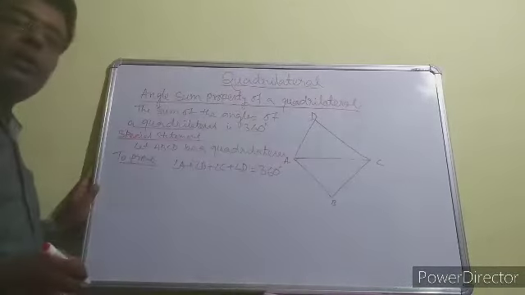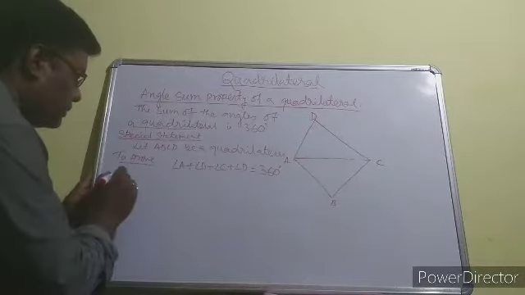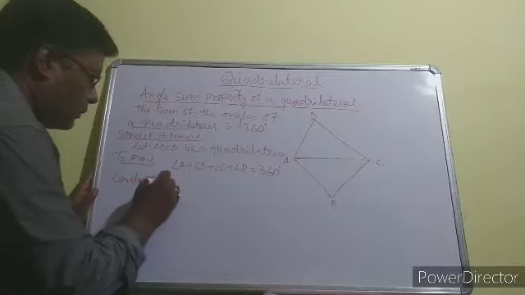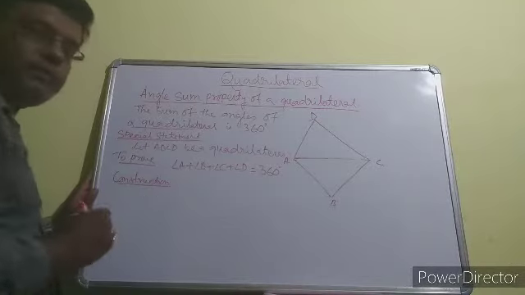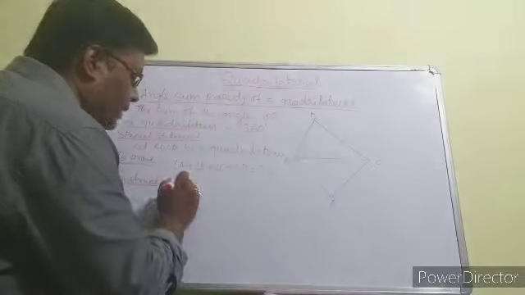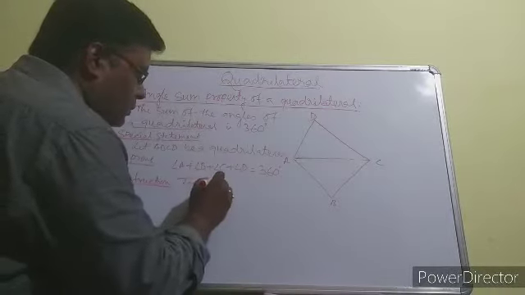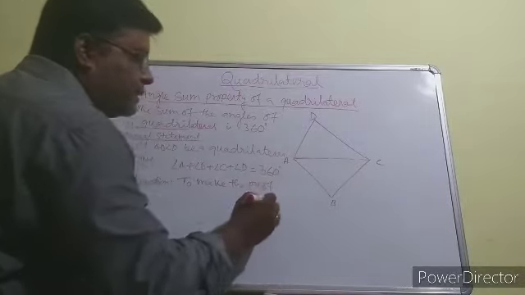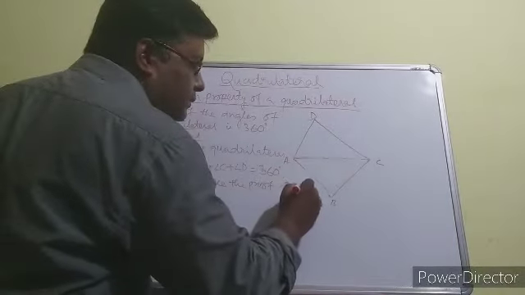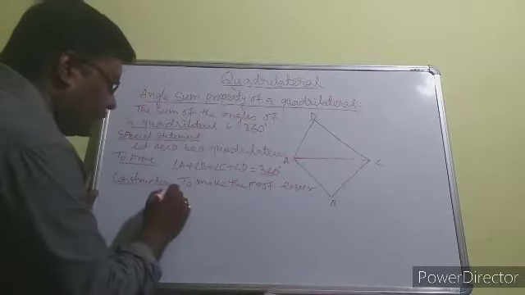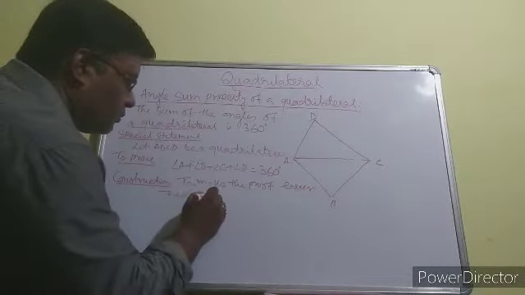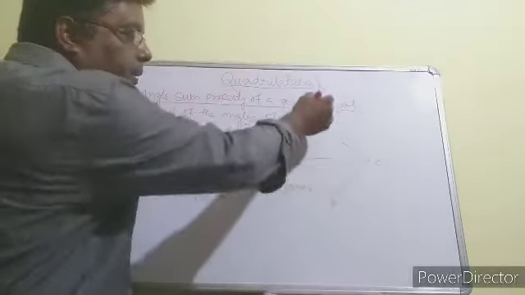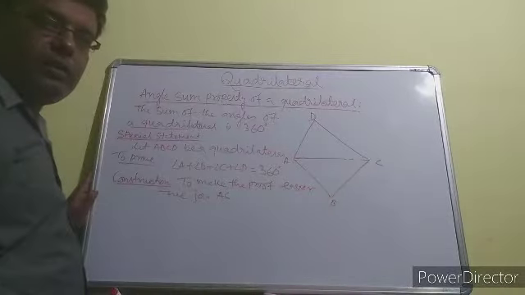That means we have to construct. We have to write a construction. So to make the proof easier, we join AC. Some of you may join BD also.